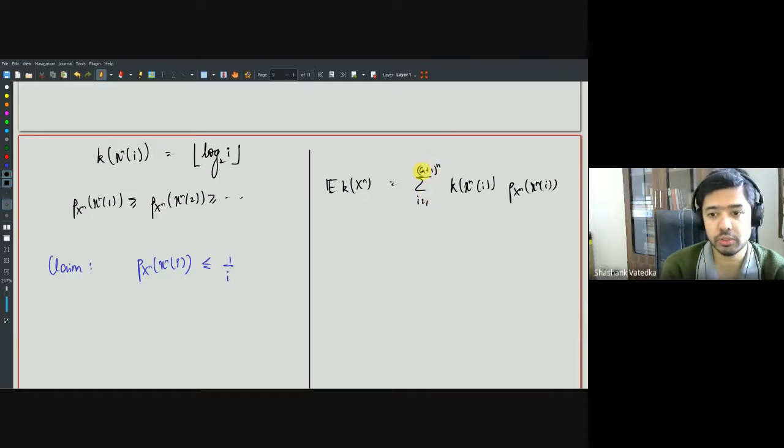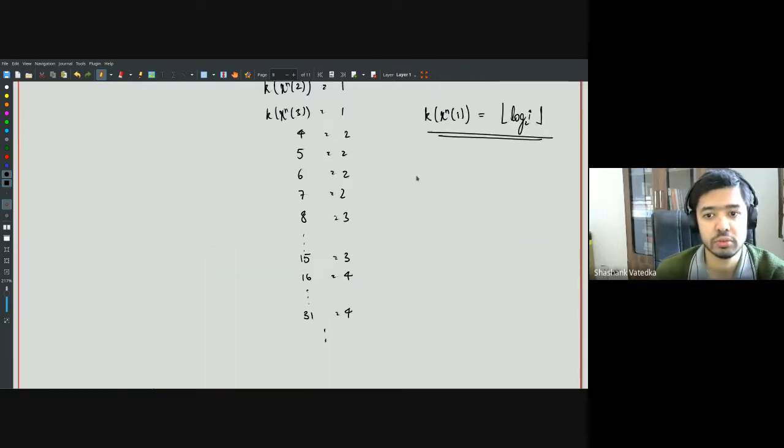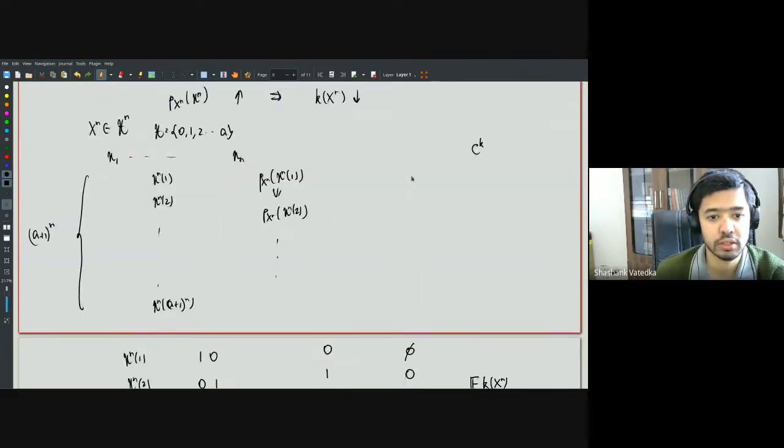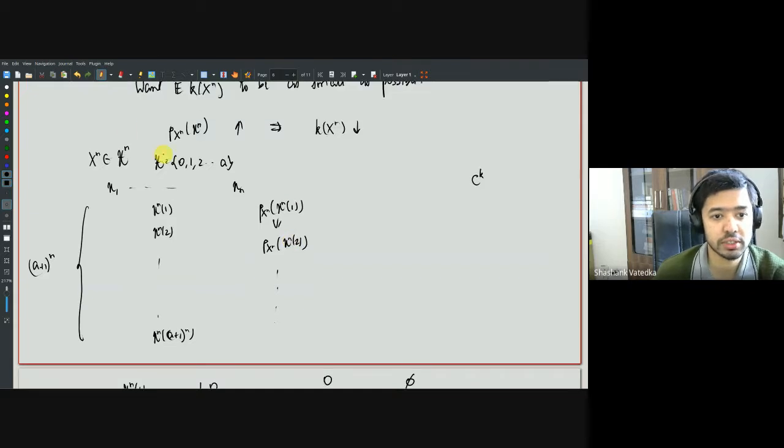We're looking at all possible n length sequences. If you go back here, the assumption is that each xi can go from 0 up to a. So the total number of sequences of length n is a plus 1 whole raised to the n. Okay, sir. Thank you.